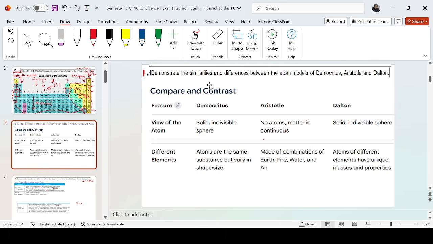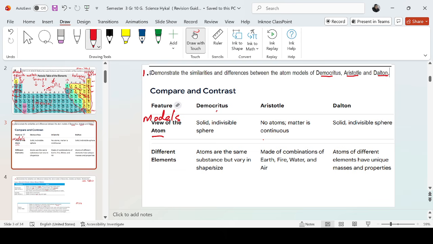Number 1. Okay, let's discuss it. Demonstrate similarities and differences between the atomic models of Democritus, Aristotle, and Dalton. So I have summarized here. These are the models, in other words, their ideas about the atom.